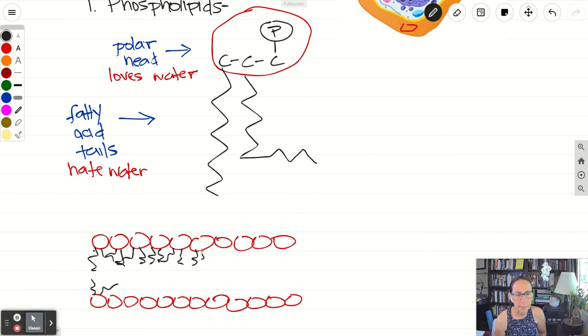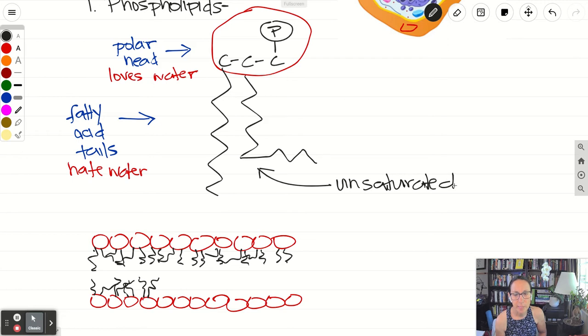This is going to take a long time. So some of them kick up, not all of them. Okay, so we've got these fatty acid tails that are kicking each other, and that means they are unsaturated. Okay, so I'm going to point this out here. This is an unsaturated fatty acid. Unsaturated phospholipid.